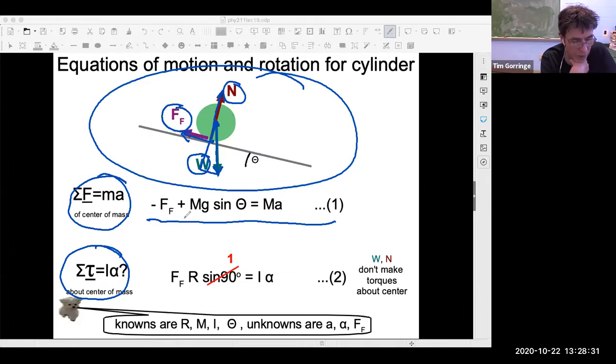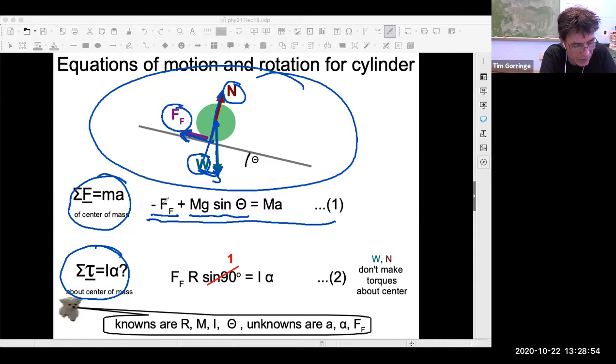And so I'm going to apply Newton's second law of motion to this direction parallel to the surface of the incline. And in that direction, I've got a component of gravity, mg sine theta, that's down the incline. It would be this piece here. And I've got a frictional force that's up the incline. It's this force here.